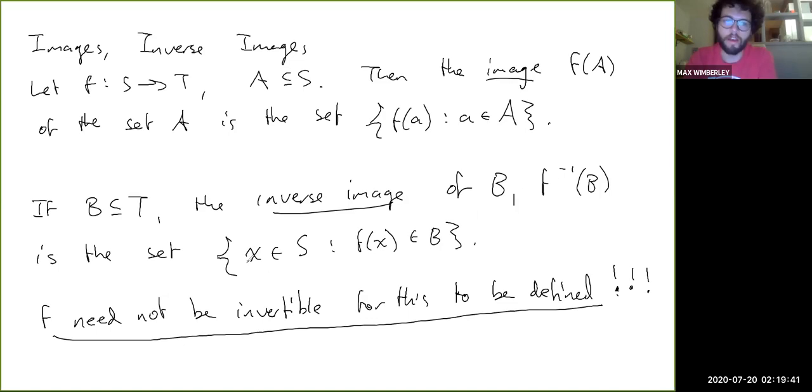And notice that if f is not surjective, B could be a subset of T where no values of f actually land in B. Then the inverse image is just the empty set. So that's perfectly well defined. And if f is not injective, so maybe two elements map to the same element of B, then those two elements are just going to be in the inverse image. So it makes sense in literally any context.